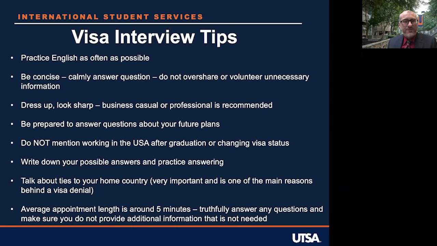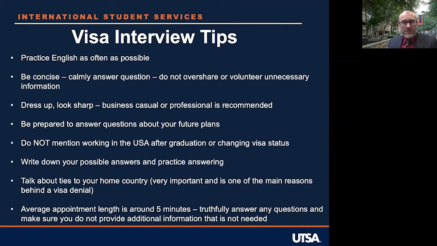And it's very important to show that you have ties to your home country. The most frequent reason for visa denial is for failure to demonstrate ties to your home country. And what that means is that if you don't have clear ties to your home country, US immigration officials may think that you're looking to move to the United States permanently. So it's important to mention, if you own a home or if your family's all living in your home country, be clear about that and share that information.